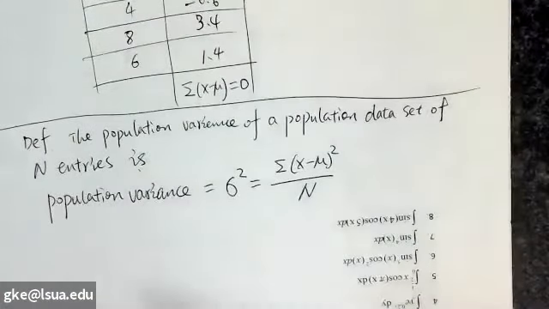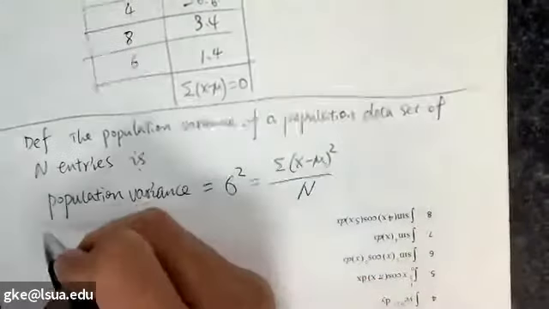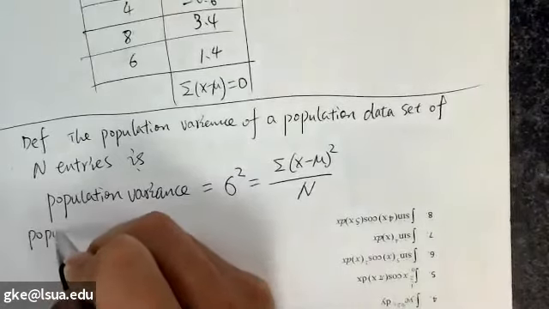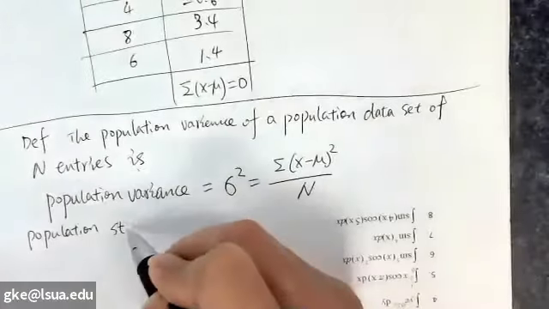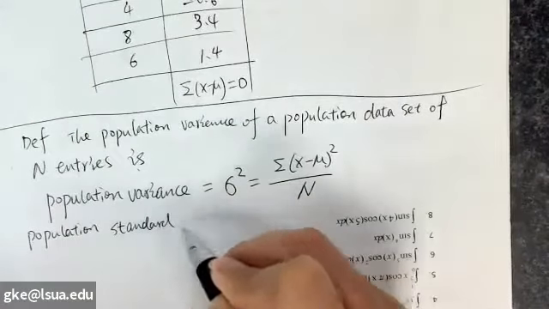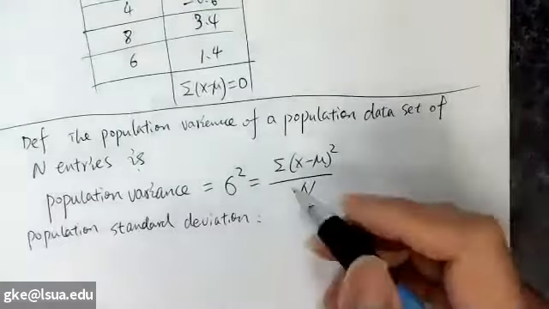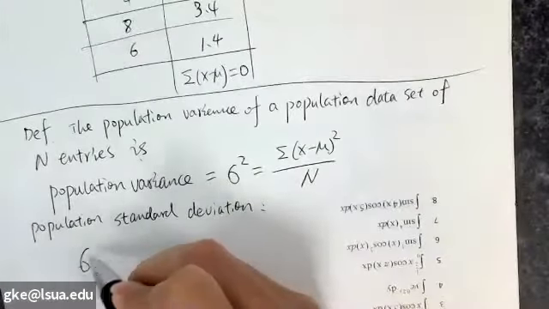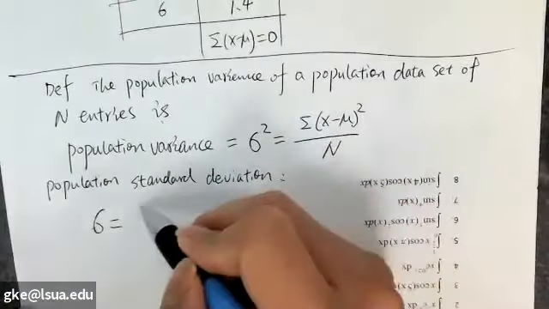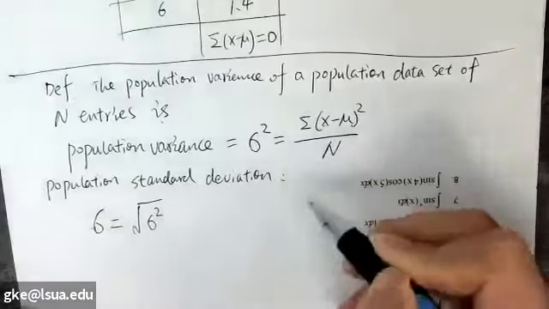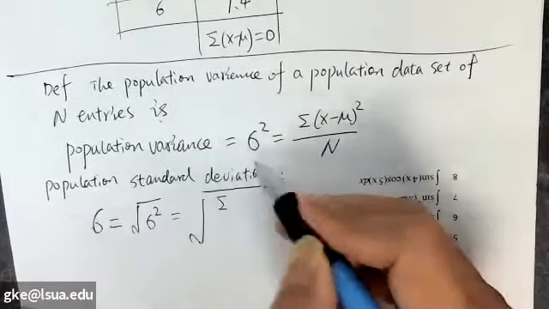And another definition is the population standard deviation. This one equals sigma, the square root of sigma square. You just do the square root of the population variance.